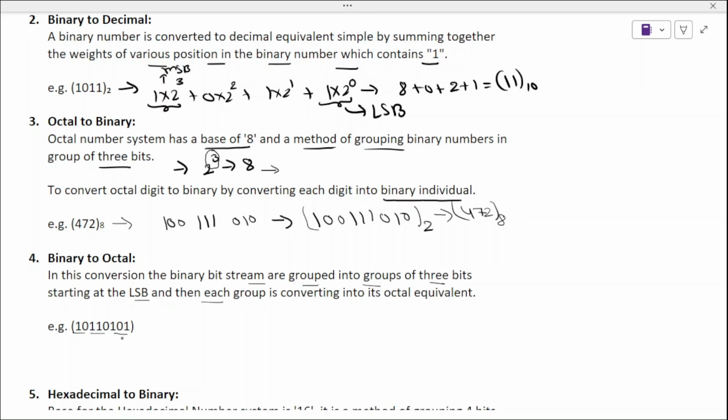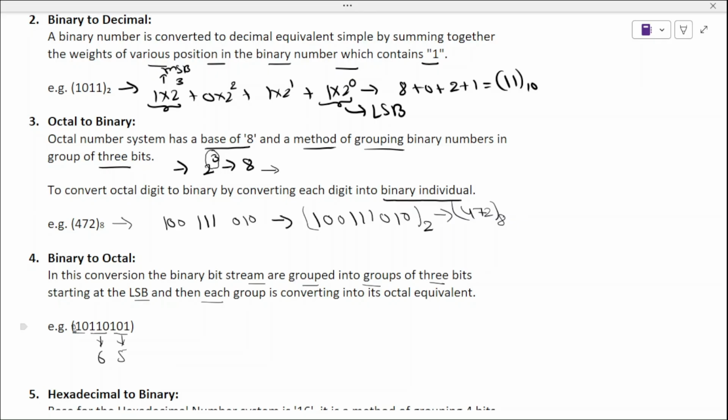So this is 5 in the decimal number system. This is 6 in the decimal number system. Then 10: we don't have a third bit for this group, so by default we'll consider 0.